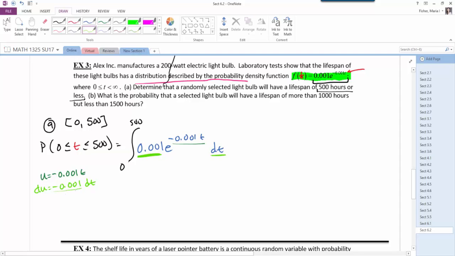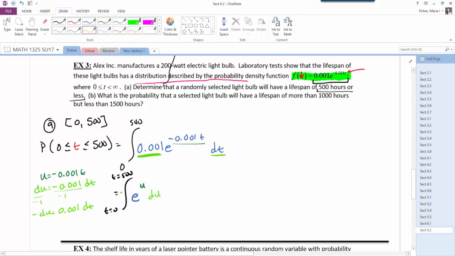So I just need to divide out my negative, so negative du is equal to 0.001 dt. If I substitute in here, I'm looking at the integral from t equals 0 to t equals 500 of e raised to the u, and don't forget your dt is equal to a negative du.